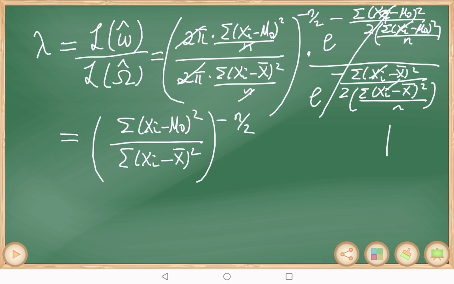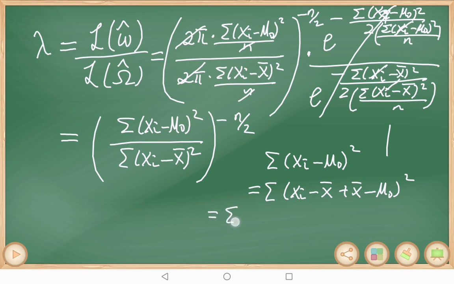So far so good. Now to proceed, we will use the following identity, whereby we write the quadratic form as follows. We subtract x bar and add x bar again.